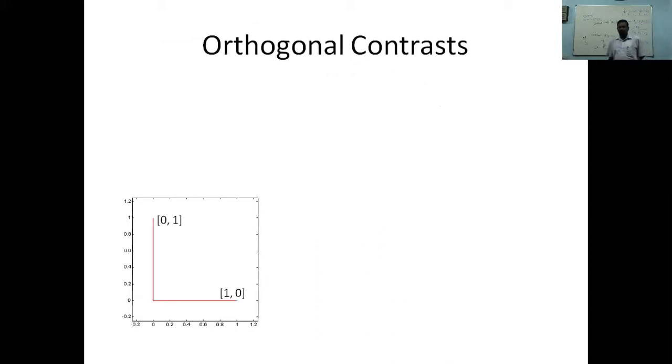So what do you mean by orthogonal contrast? Look at this x value and the y value. The coordinate of x is 1 and 0. The coordinate of y is 0 and 1.